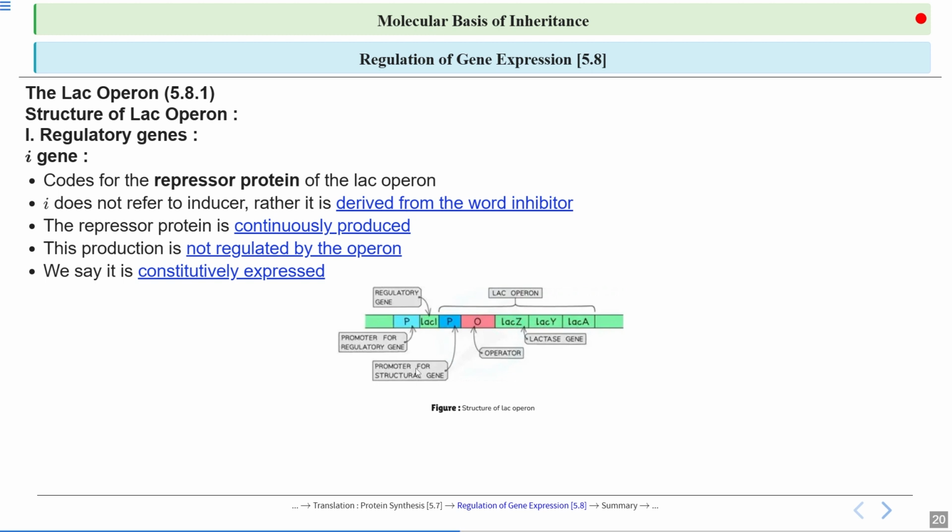This repressor protein is continuously being produced. This production is not regulated by this operon, and that's why you can see that this is not even part of the lac operon. This is the regulatory gene, and it is not regulated by the operon. We can say it is constitutively expressed, meaning it is continuously being transcribed and expressed.